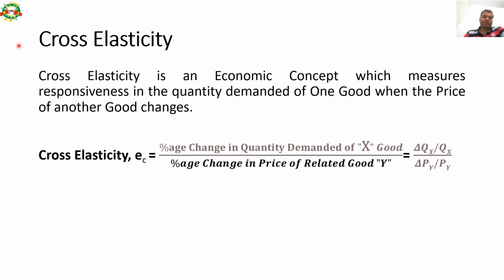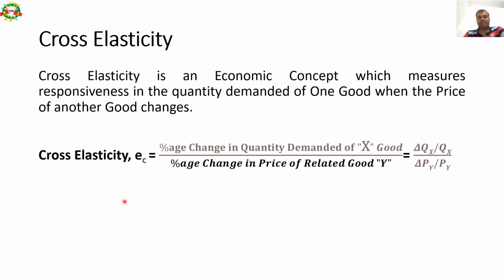Next important concept from examination perspective is cross elasticity. Cross elasticity is an economic concept which measures responsiveness in the quantity demanded of one good when the price of another good changes.